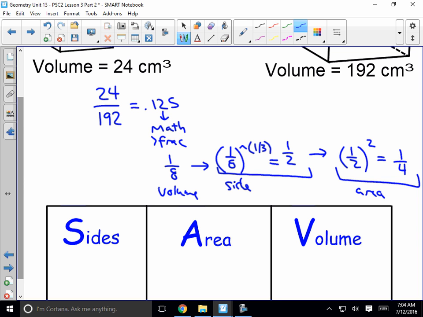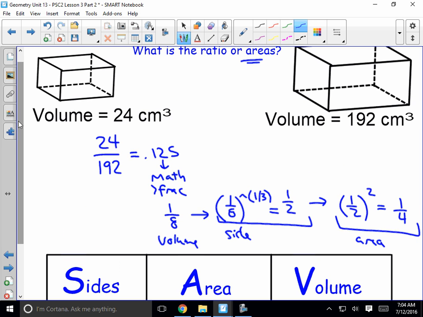Okay, so let's look at this problem again real quick. We started with the actual volumes that we were given, setting up our ratio, finding the decimal value. Once you have the decimal value, we want to convert it to a simplest fraction by using our math frac option. Okay, so we get our volume ratio of 1/8. Now, you can't go directly from volume to area.